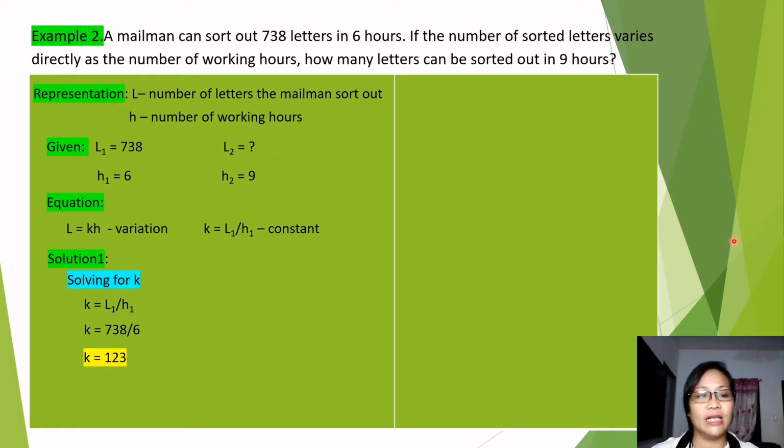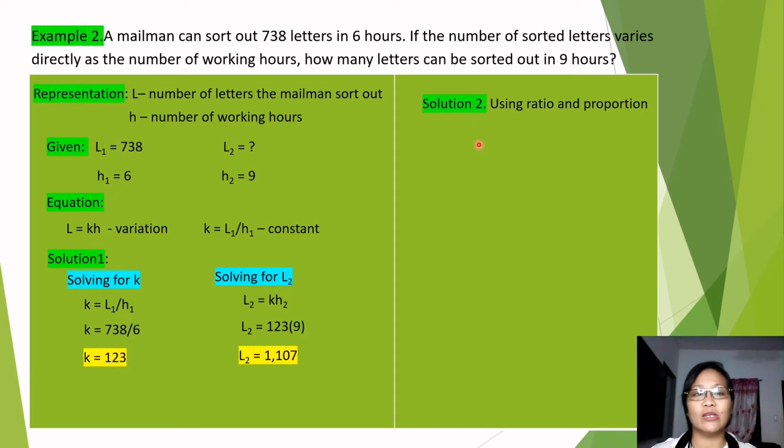Solving for the variation, we have L sub 2 is equal to kH sub 2 because we're going to use this one. Then substitute the given. L2 is equal to, for our k, we have 123 times H sub 2, which is 9. Therefore, our L sub 2 is equal to 1,107.